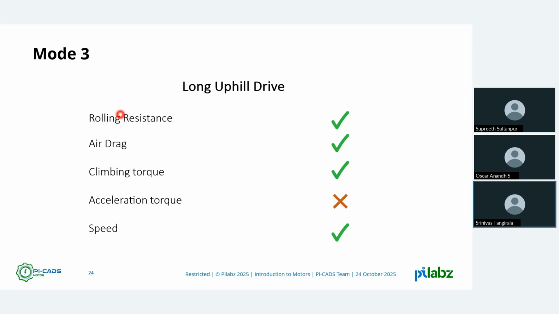And you have climbing torque, because now you have to overcome gravity, so you need a climbing torque to do that. You're not accelerating much, so probably the vehicle is going at a slow speed and you don't have acceleration torque. But some speed you have to maintain to move up, maybe not very high, but at least slow speed. So speed is also there.